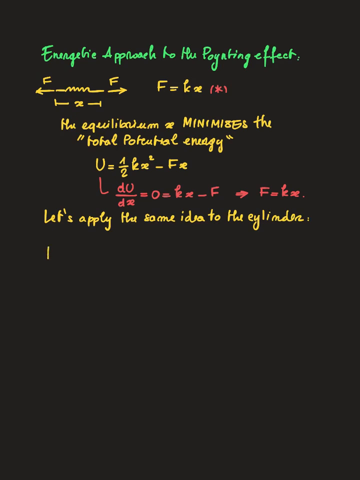So let me imagine that the reference configuration of the cylinder is this. So imagine that this is exactly the cylinder I was considering before. And imagine that in this configuration, the height of the cylinder is capital H. And imagine that upon application of a twist, this cylinder now elongates.